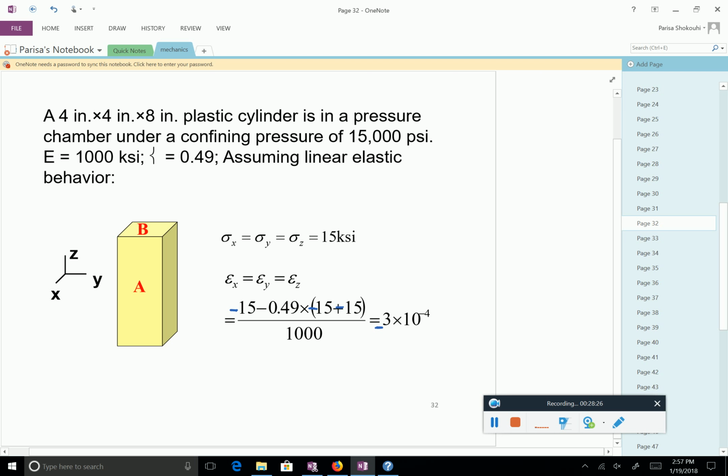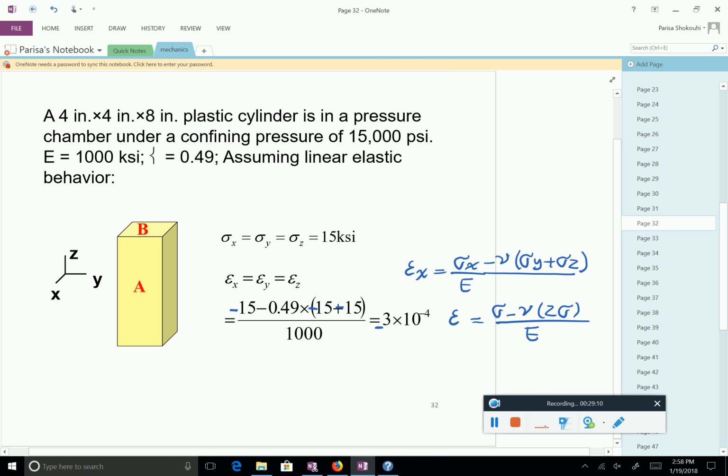Let's say in the x direction it is sigma x minus nu times sigma y plus sigma z, over E. Now, since they're all equal, it really doesn't matter. If I calculate epsilon y, I'm going to get the same thing. Because these are all equal to sigma, all of them would be equal to basically this: sigma minus nu 2 sigma over E.